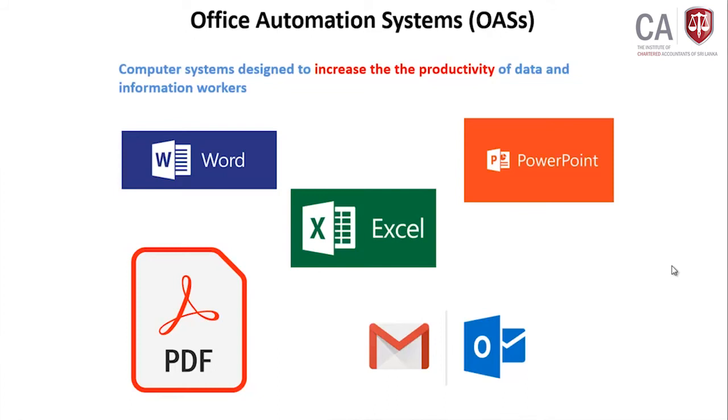These are kinds of software installed on your PC in order to improve your productivity. If you do not have these things, you will have to write everything manually. So this is easy for office operation. Office operations are automated by using this software, so those are called office automation systems.